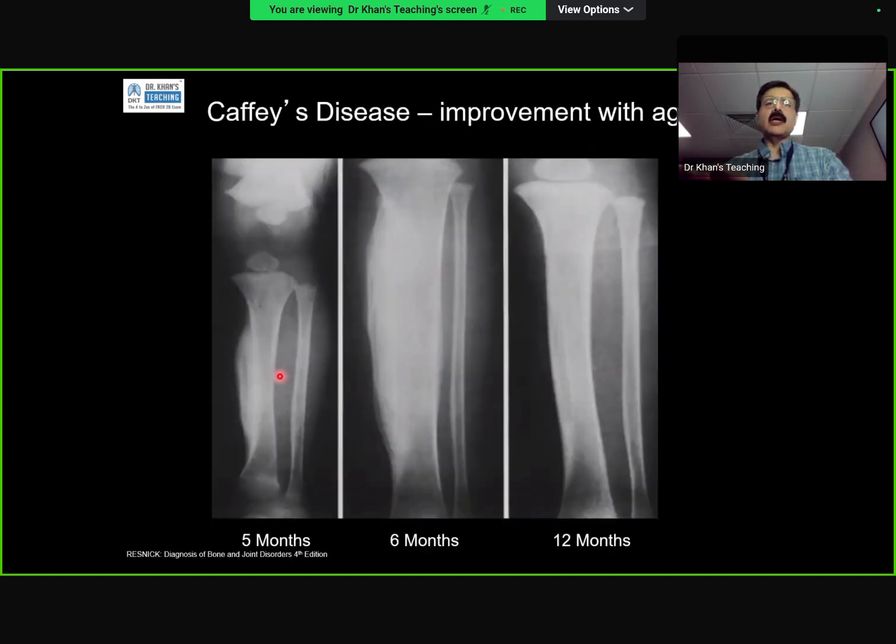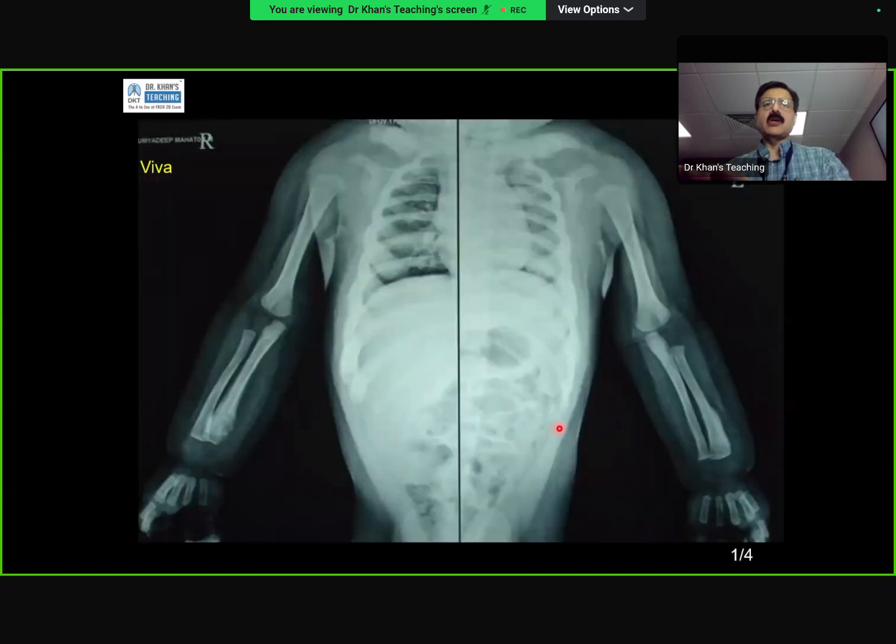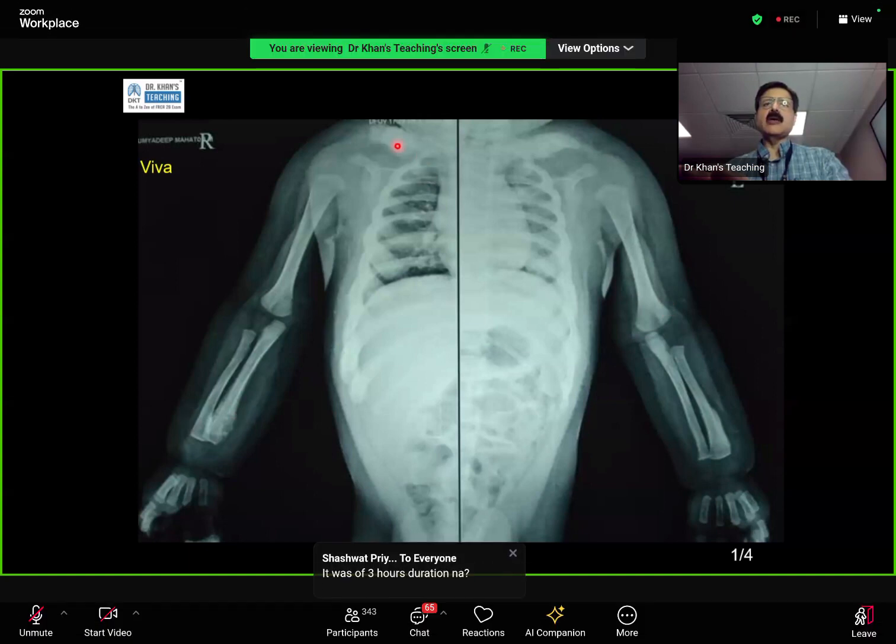So this is Caffey's disease, in which serial radiographs show you how it has become normal, with a bit of modeling deformity, otherwise it has become normal on serial radiographs. Another example where we can see that there is periosteal reaction, clavicle, by stretch of imagination, something is happening here.